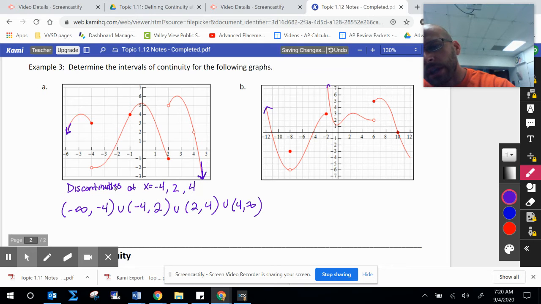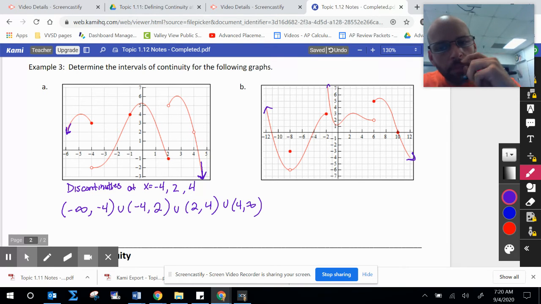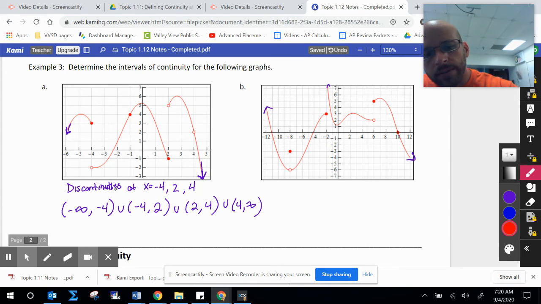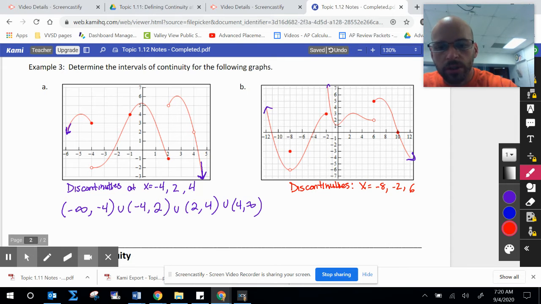There's some arrows here that are missing. But if I write for this, I'm going to say, okay, I have discontinuities at x equals -8, -2, 6, and I think those are the only 3.